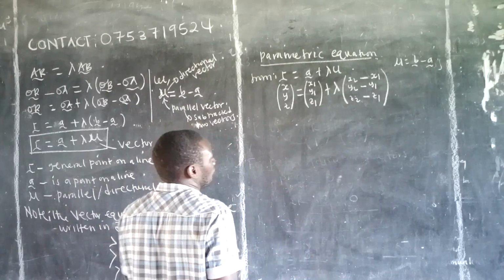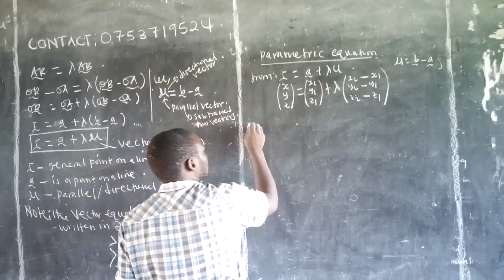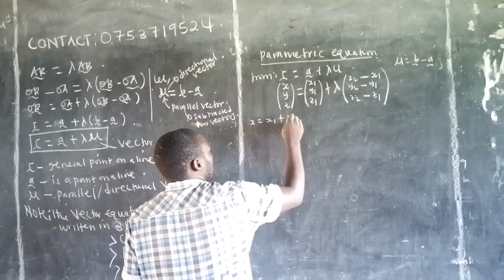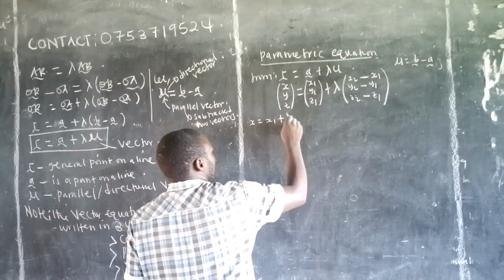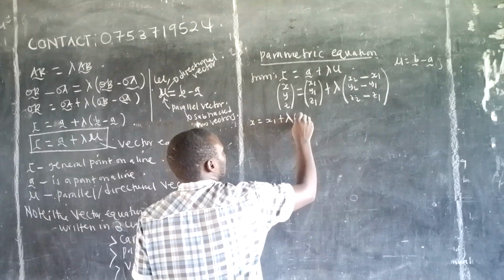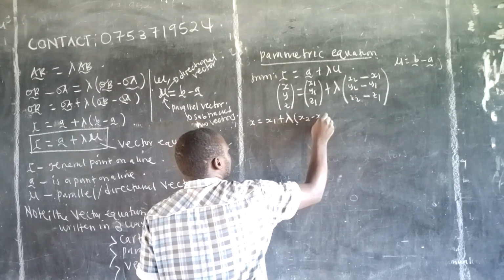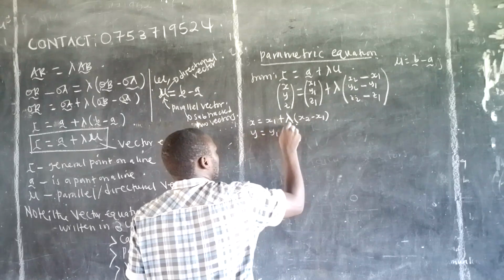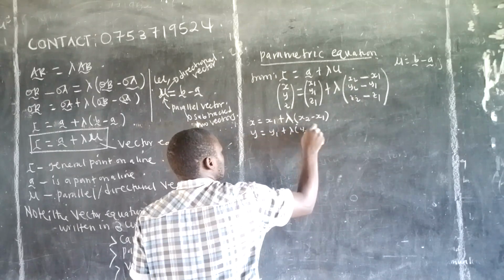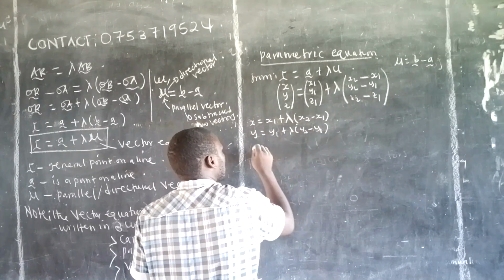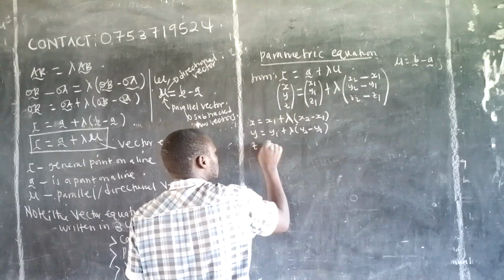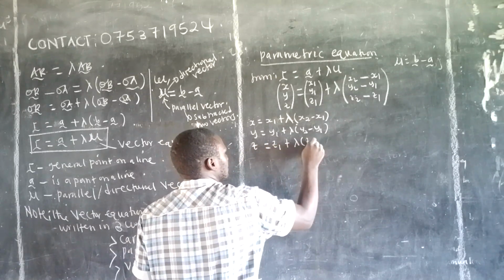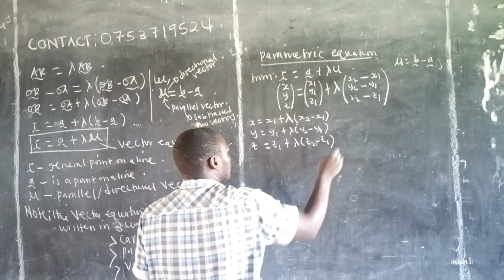Now, how shall we write it in parametric form? In parametric form, you simply equate. So we shall now say that x is equal to x1 plus lambda times x2 minus x1. Then y is equal to y1 plus lambda times y2 minus y1. Then z is equal to z1 plus lambda times z2 minus z1.